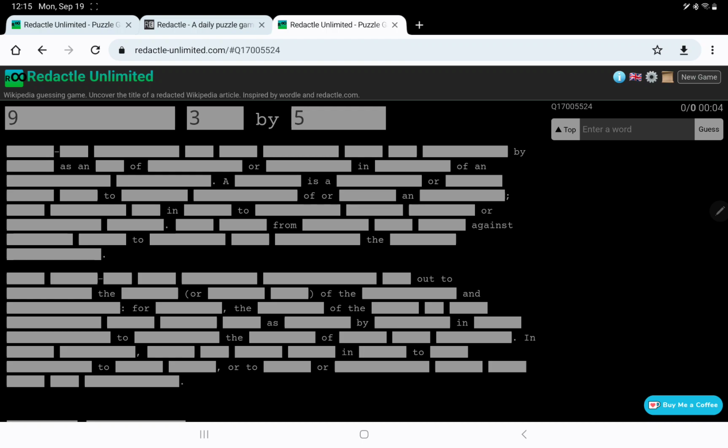Or is it a place name? No, I think it would be hyphenated if it was a place. Well, maybe not. So as an 3 of 10 or 9 in 8 of an 11 10.